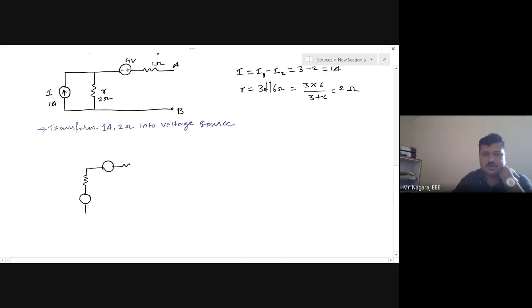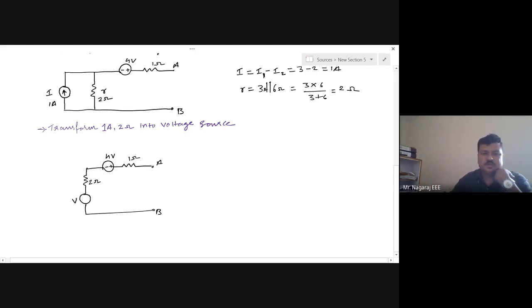This is 4 volt, 1 ohm, as it is. The ohm will remain as it is.